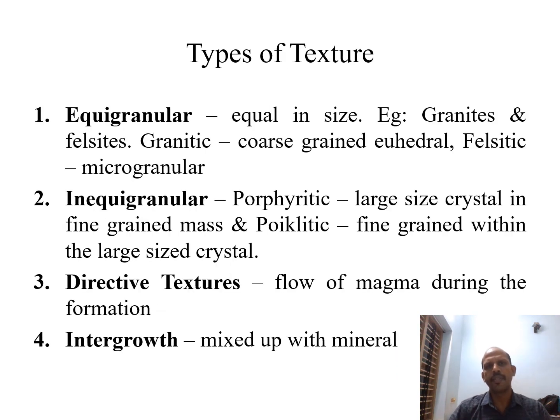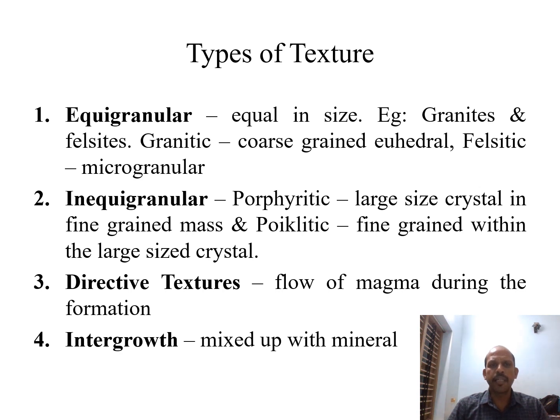Now we'll see the types of texture. The types of texture are equigranular, inequigranular, directive textures, and intergrowth. Equigranular means equal in size, for example granites. The grain size is equal in equigranular.